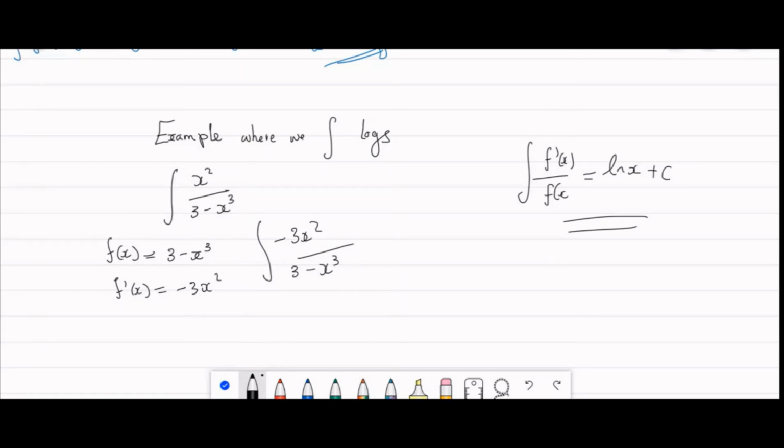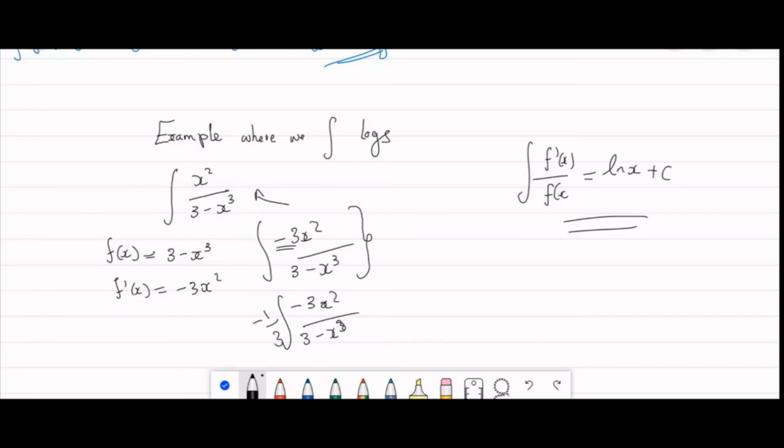So now we want this equation to look like this, but now we have a problem. We have a negative 3 on 3x squared on this equation. So we need to say an integral of negative 3x squared over 3 minus x cubed. So in order to make it the same as the original equation, we have to put a negative 1 over 3.